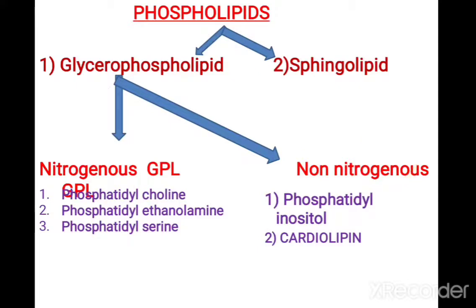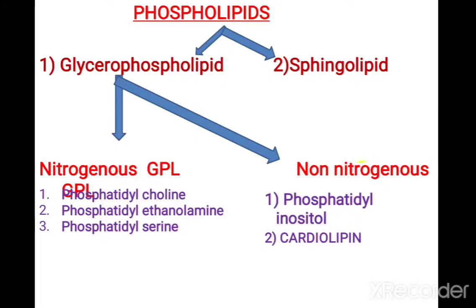So nitrogenous glycerophospholipid contains some nitrogenous bases. For example, phosphatidyl choline, phosphatidyl ethanolamine, and phosphatidyl serine. And phosphatidyl inositol and cardiolipin are examples of non-nitrogenous glycerophospholipid.